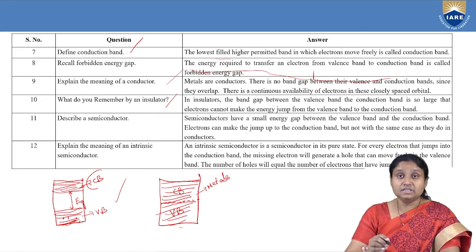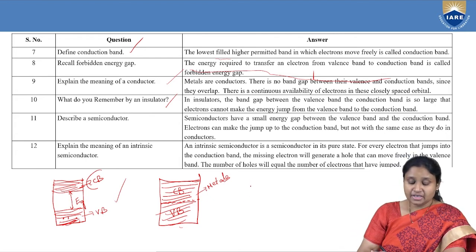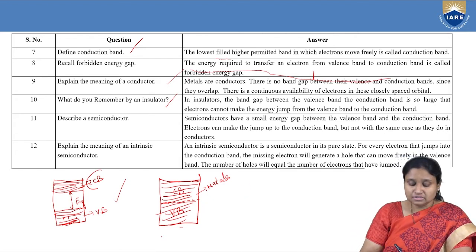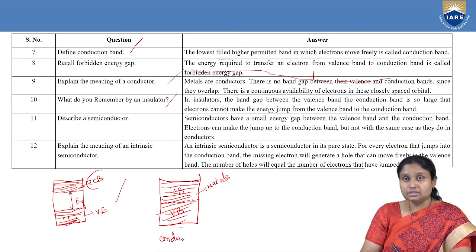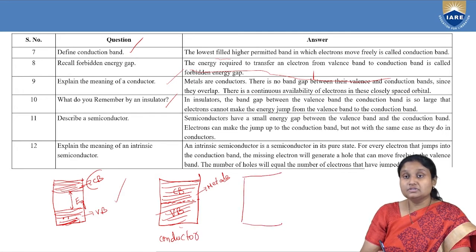Then next we have insulator. What is an insulator? Again, when we talk in terms of the energy band diagram, till now we were talking about conductor. So when we talk about insulator, we'll take the width of the forbidden energy gap, which is Eg. In case of an insulator, this Eg is very wide.